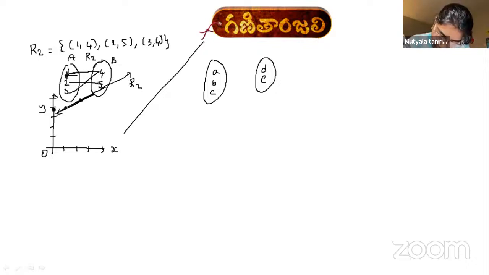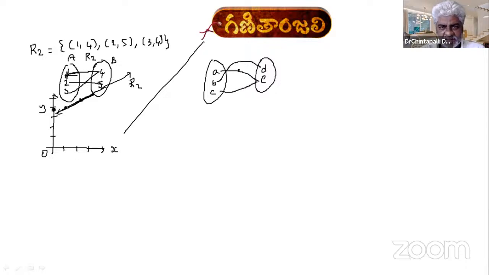Not considering the 1, 2, 3, 4, 5, we are taking another example. A comma E, B comma D, C comma E. Do you think it is a function or not?